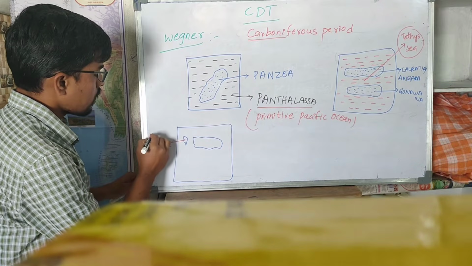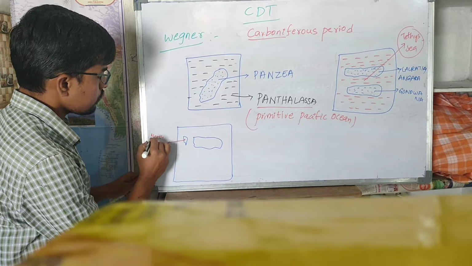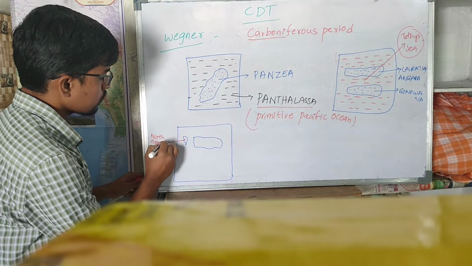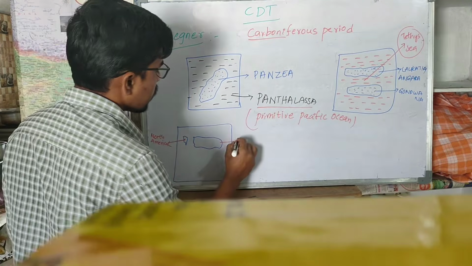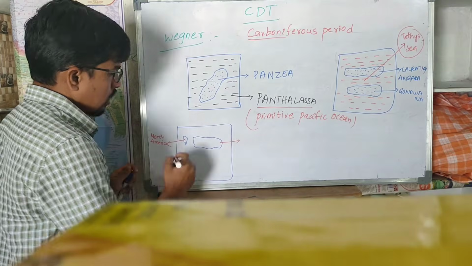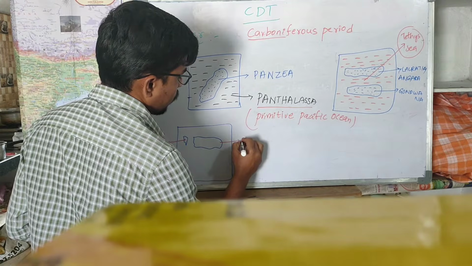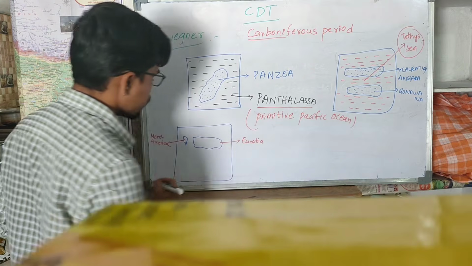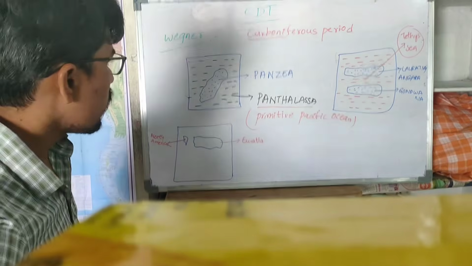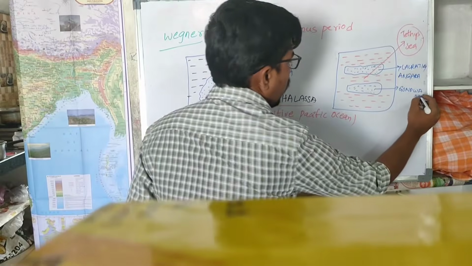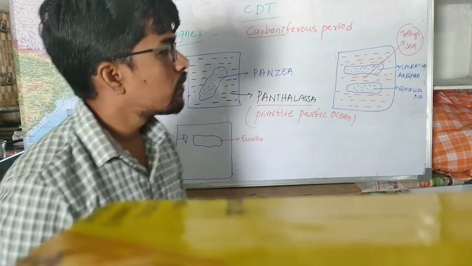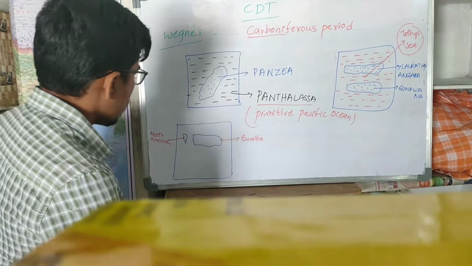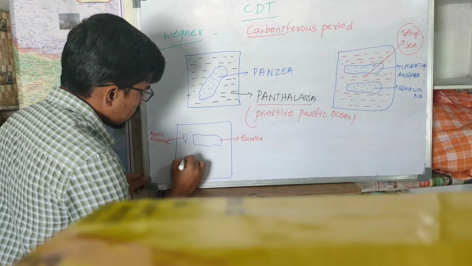One is North America and the other landmass is Asia or Eurasia, because it contains Europe and Asia. And the next one is Gondwanaland, which is the southern part of the Pangea. Gondwana broke into some pieces.